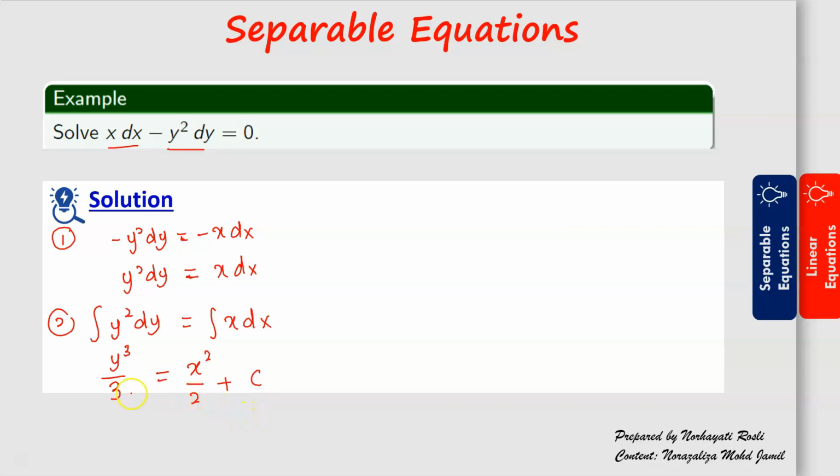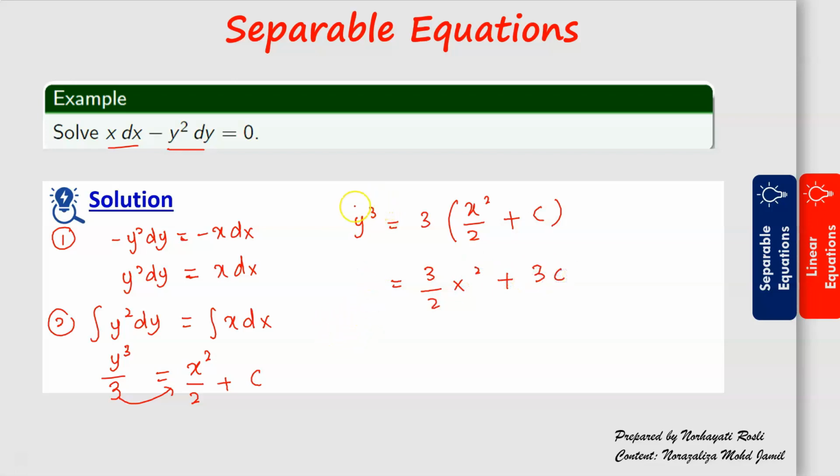And then class, again, we need to write this equation with y as the subject. When we move this 3 to this side, I will have y to the power of 3 equal to 3 times x to the power of 2 divided by 2 plus c. So we will have 3 over 2 x squared plus 3c.